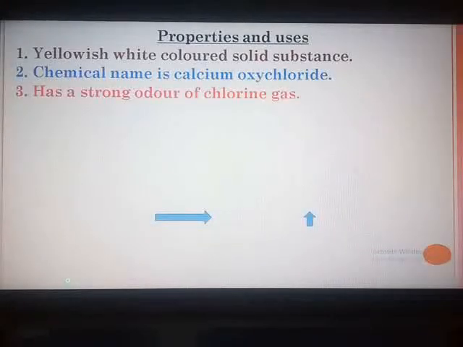You all know that it has a strong smell of chlorine gas, especially those who used to go swimming. Now, due to the pandemic, the swimming pools are closed, but those who used to go swimming have all experienced this smell. Or forget about swimming, when you visit different resorts and there you have swimming pools, you will get such a smell of chlorine gas.